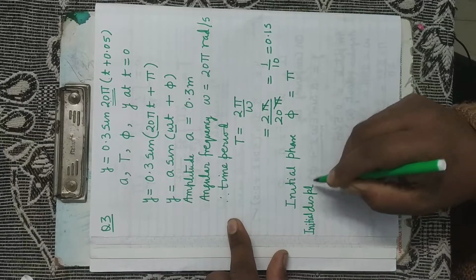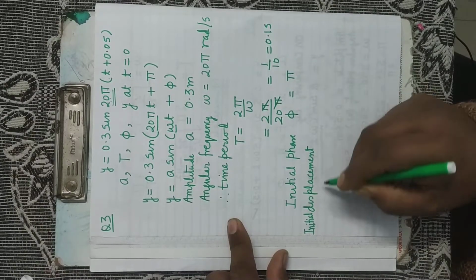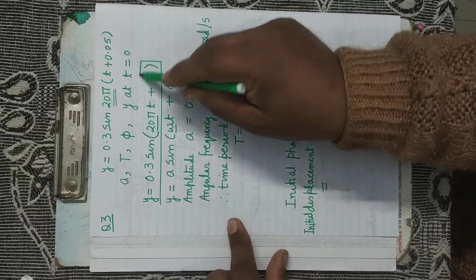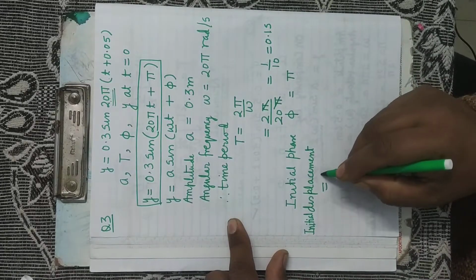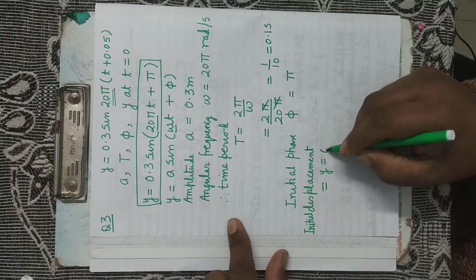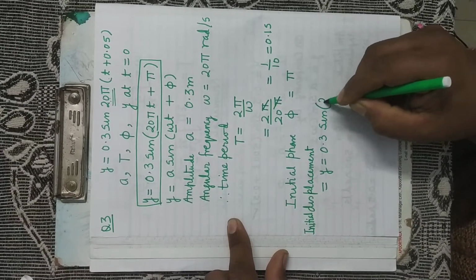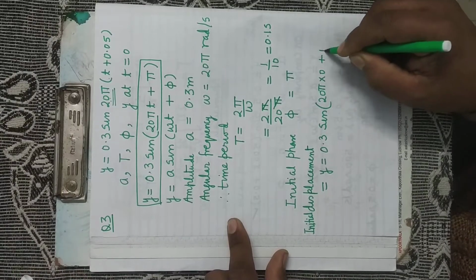Initial displacement means when t is 0, what is the displacement. So you substitute t equals to 0 in this equation. When you substitute, what will you get? 0.3 sine 20 pi into 0 plus pi.